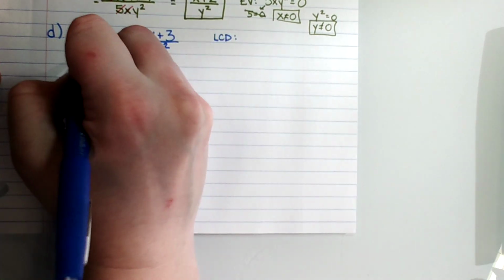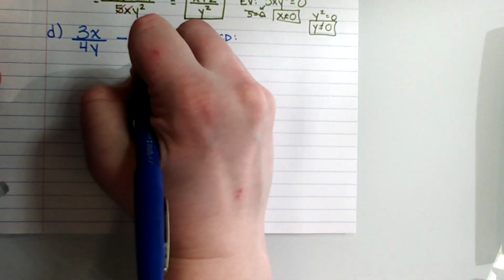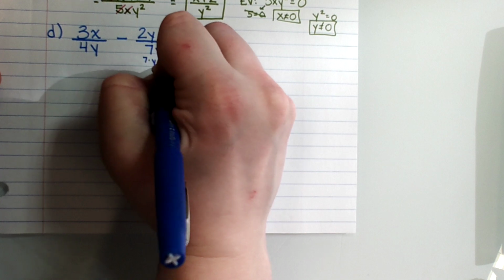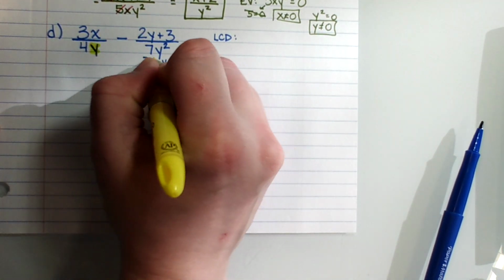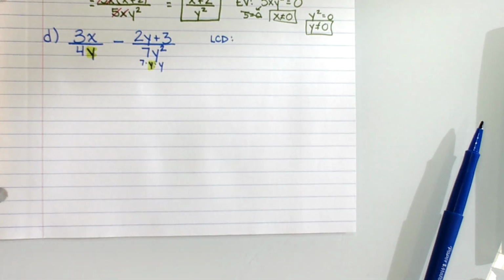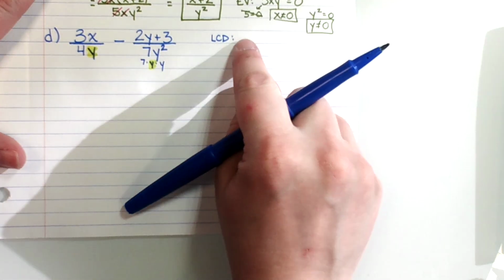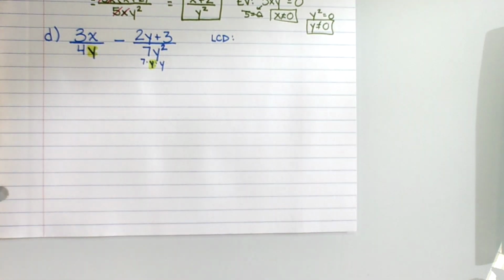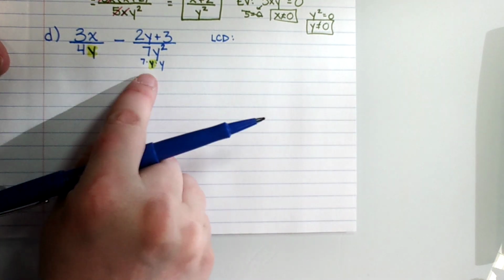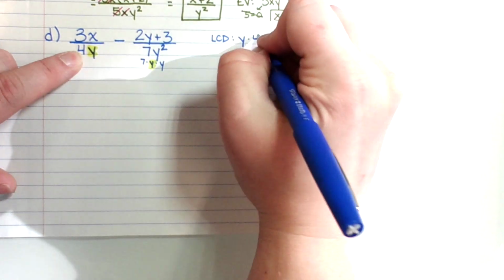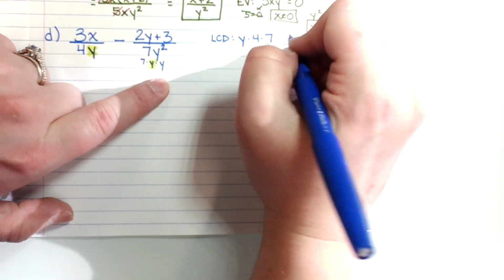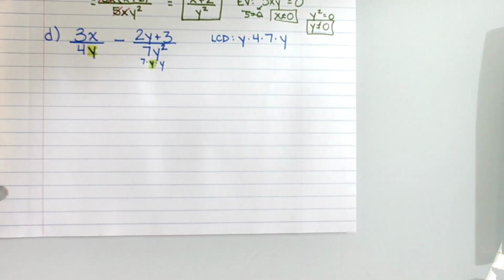So on this side, it's kind of like I have a 4 and a y, and on this side, it's kind of like I have a 7 and a y and a y. And what the two have in common is the y. My LCD needs everything: one of the items they have in common, and everything they don't have in common. It needs a y from what they have in common, but it also needs the 4, the 7, and the other y they don't have in common.